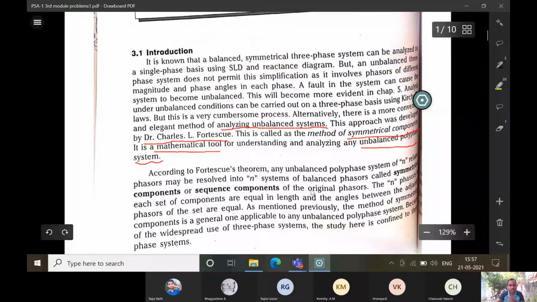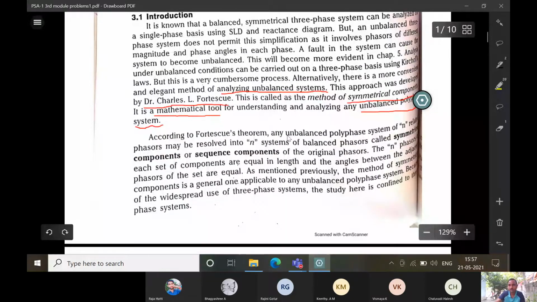According to Fortescue's theorem, any unbalanced polyphase system of n related phasors may be resolved into n systems of balanced phasors, called symmetrical components, or also termed sequence components of the original phasors.